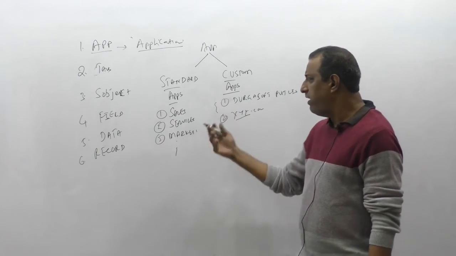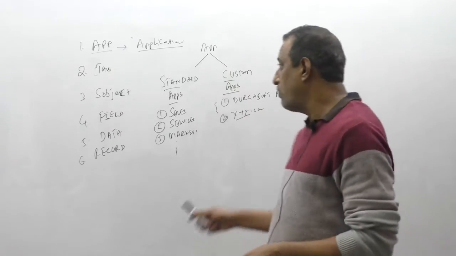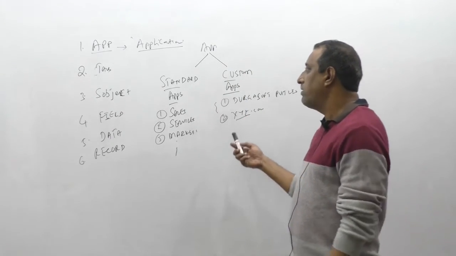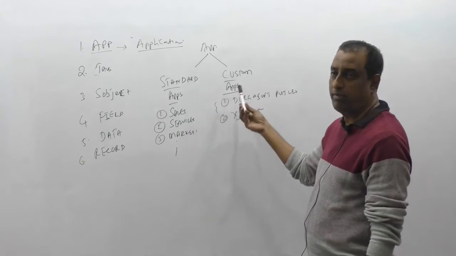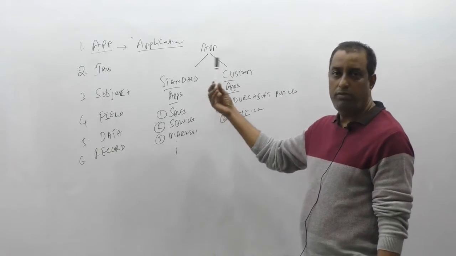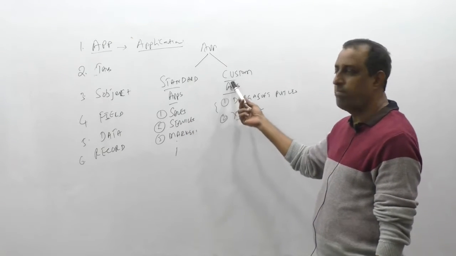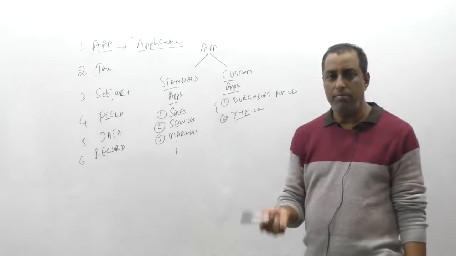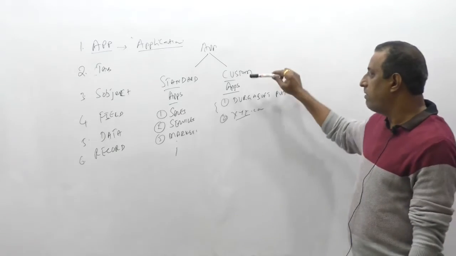We can give any name as per the business requirement. That kind of app is called a custom app. So in Salesforce we have two types of apps: standard apps, which are given by Salesforce, and custom apps, which are created by the developer as per the client or business requirement.